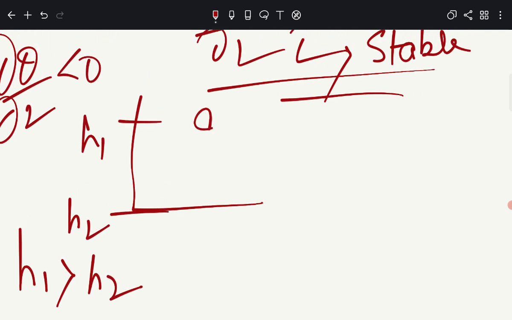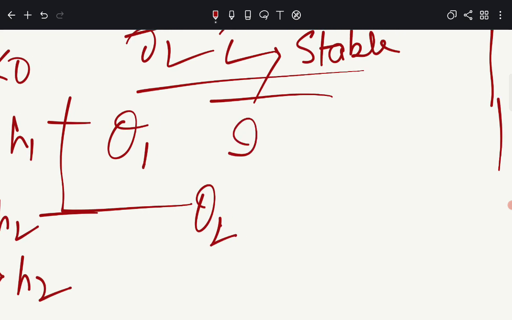The potential temperature over here is theta1, and over here is theta2. So theta1 is greater than theta2, which is what we have understood so far.